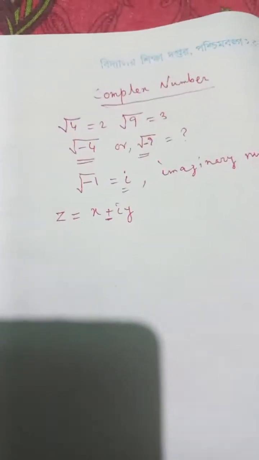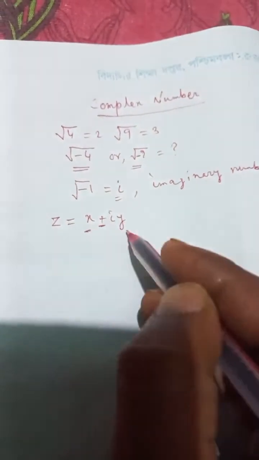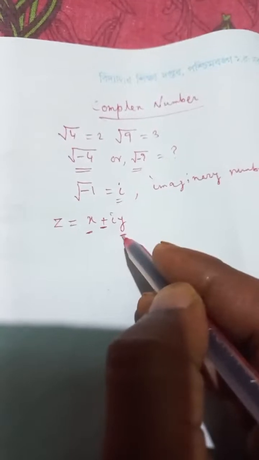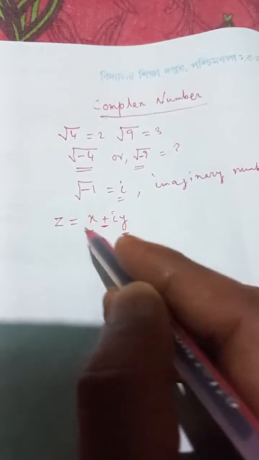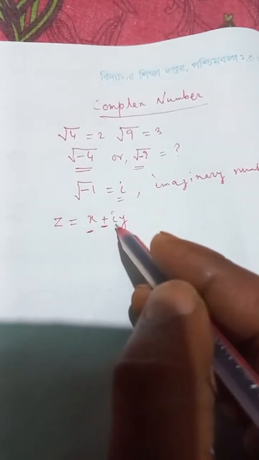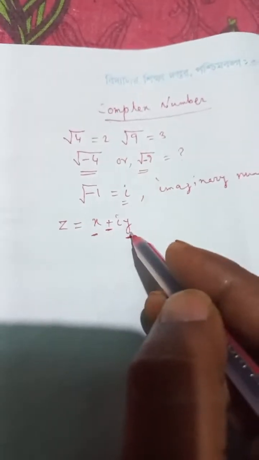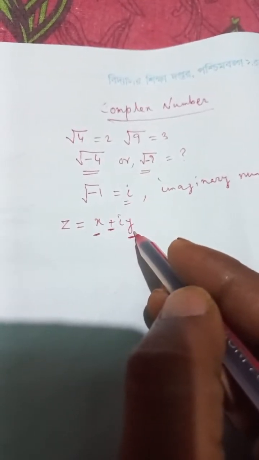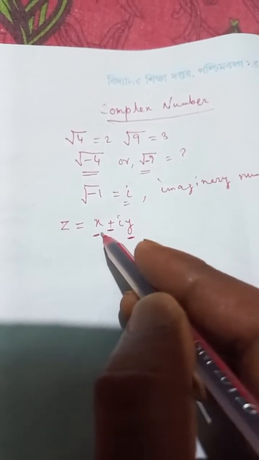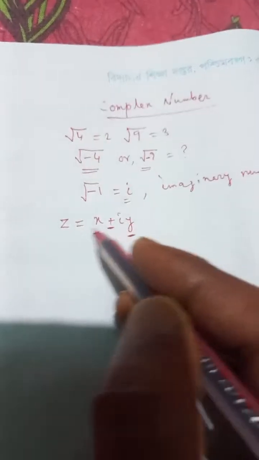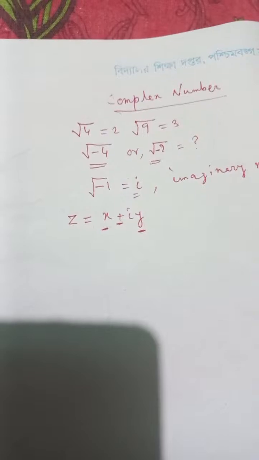Here z is a complex number where x is called the real part and y is called the imaginary part, and both taken together form a complex number. x can be 0 or y can be 0. If y is 0, then z is a real number, and if x is 0, then z is called a purely imaginary number.